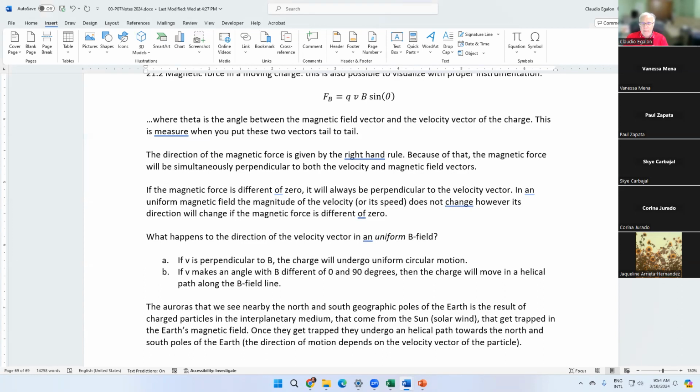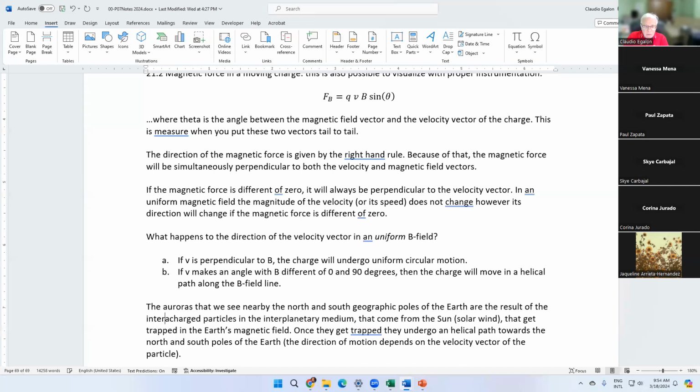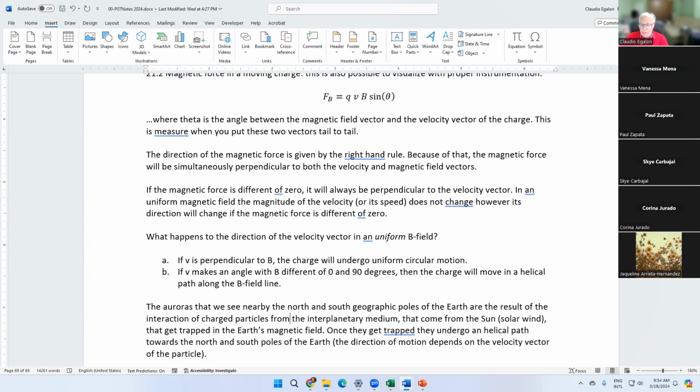The auroras that we see near the north and south geographic poles are the result, let's put it this way, of the interaction of charged particles from the interplanetary medium that come from the sun with the Earth's atmosphere.